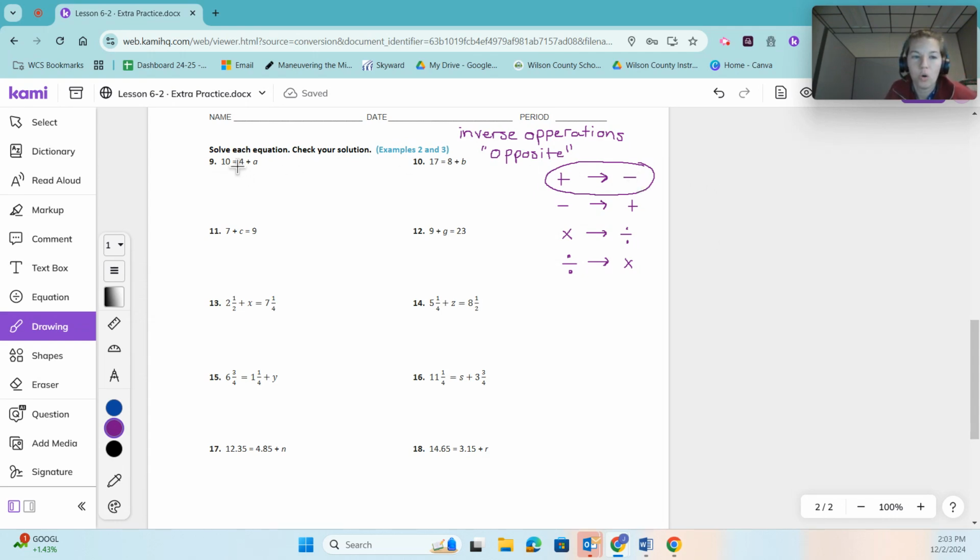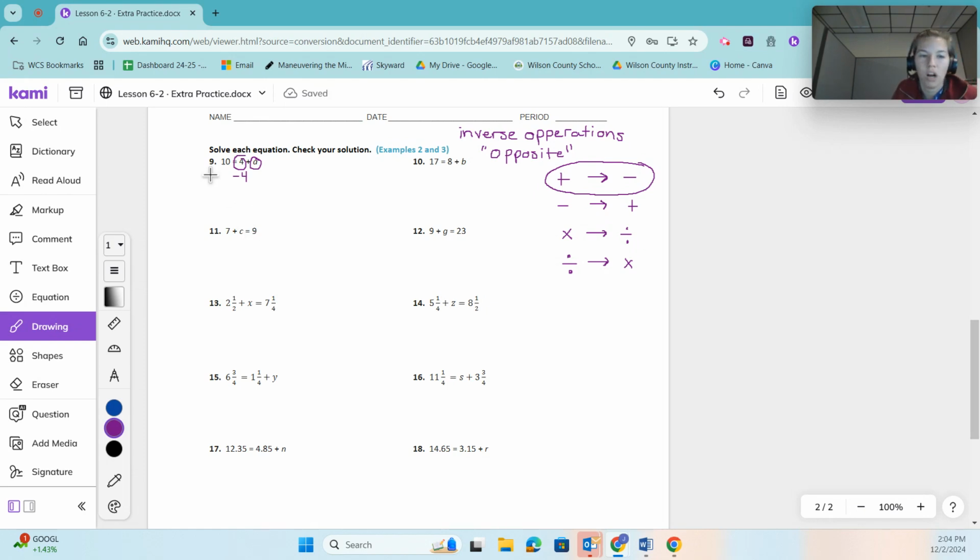Okay, so right here I have 10 equals 4 plus a. Okay, so a is my variable, and that's what's going to stay by itself on one side because I want to figure out what does a equal, okay? And because this 4 here is a positive, we are going to subtract it, okay?